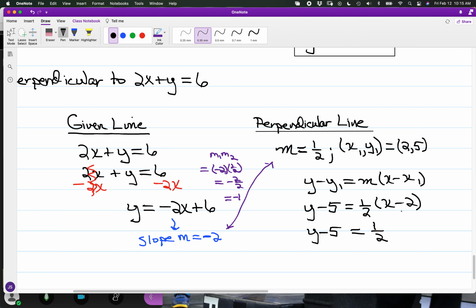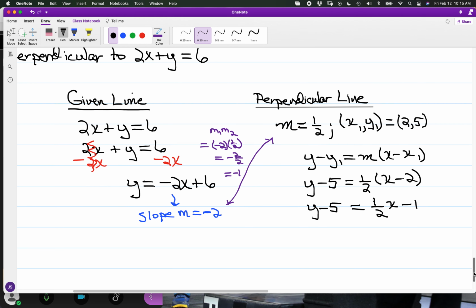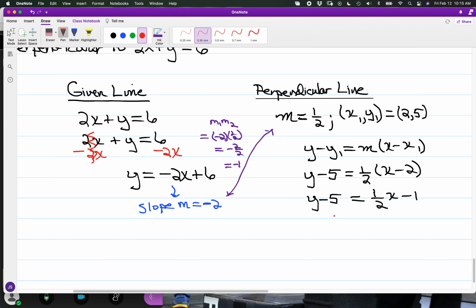For the slope intercept, once again distributing 1/2 over the quantity of x minus 2, we have 1/2 of x minus 1, and once again adding 5 to both sides, we're going to have that y is equal to 1/2 of x plus 4.